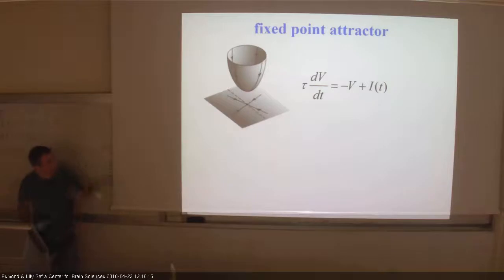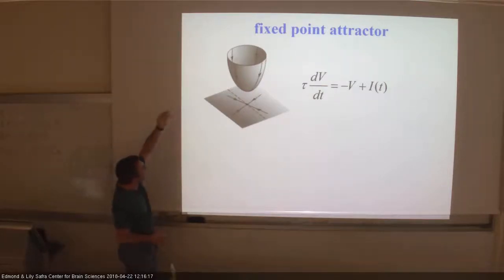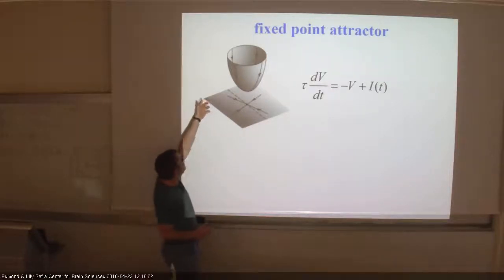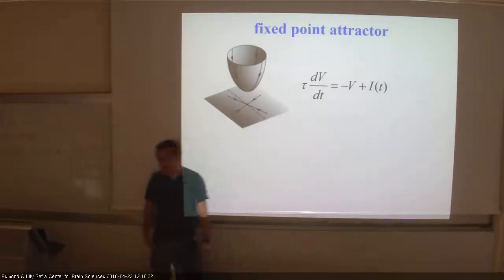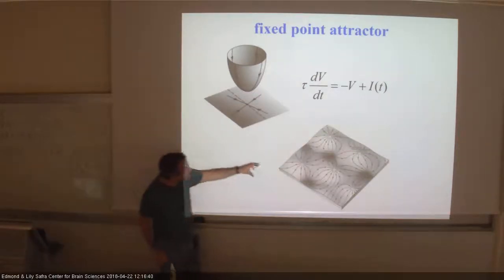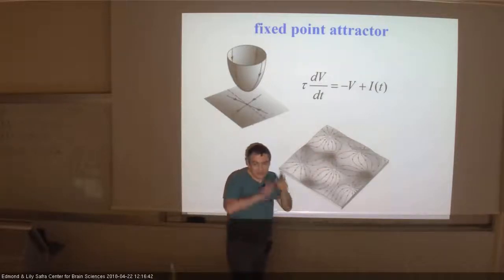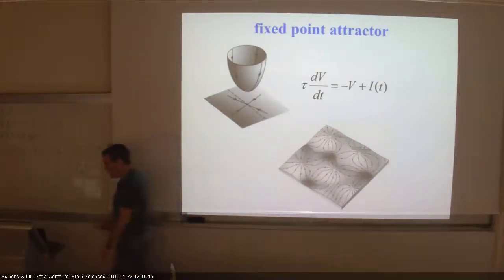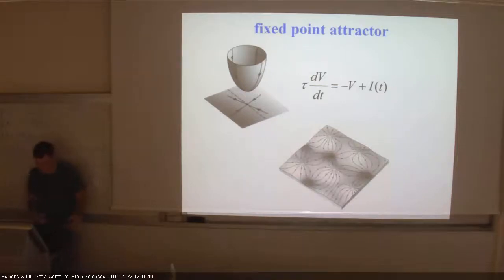A fixed point attractor, one way of thinking about it is using the analogy of a Lyapunov function. I know that you can't always find one, it's more complicated and so on, but it's useful to think about a fixed point attractor as a minimum of some energy function. So this would be an example of a single attractor, and more generally, if we have multiple attractors, you can think about an energy landscape which is endowed with many minima.